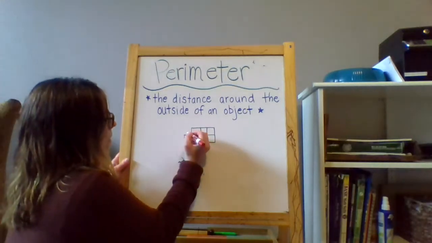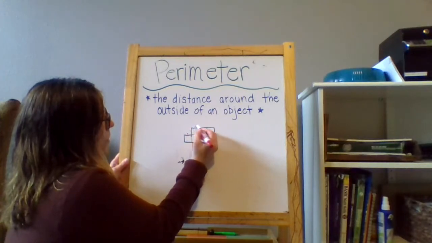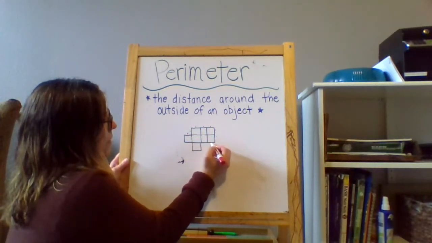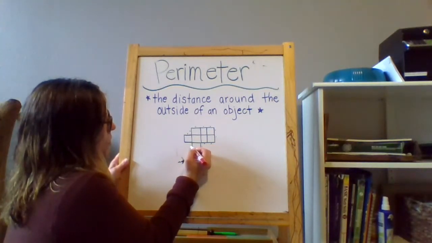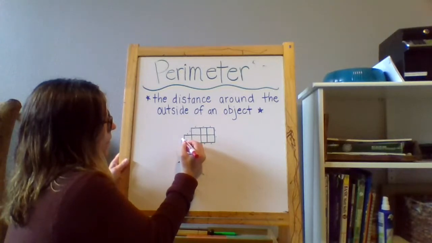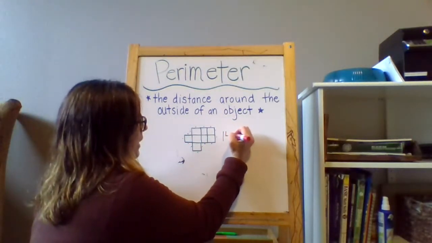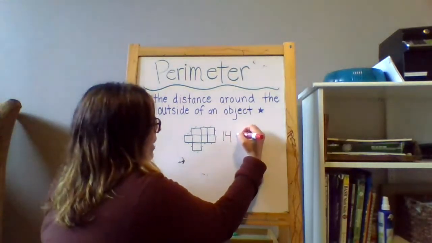Let's start right here. 1, 2, 7, 8, 9, 10, 11, 12, 13, 14. So 14 what? 14 units.